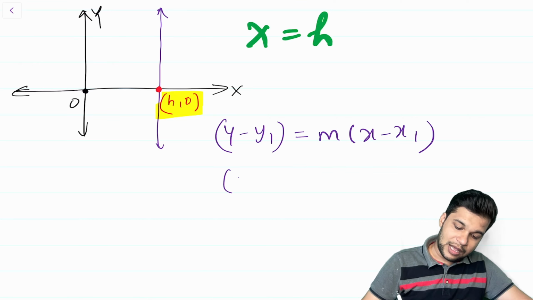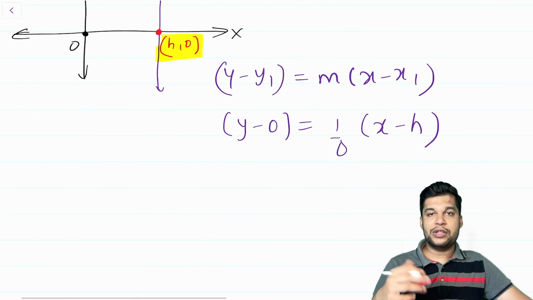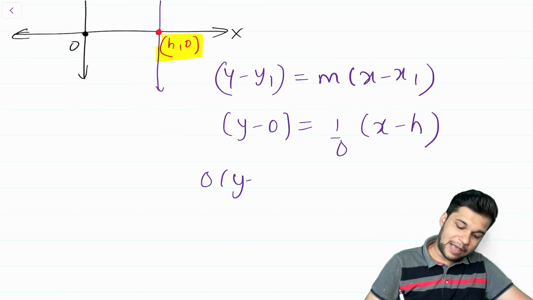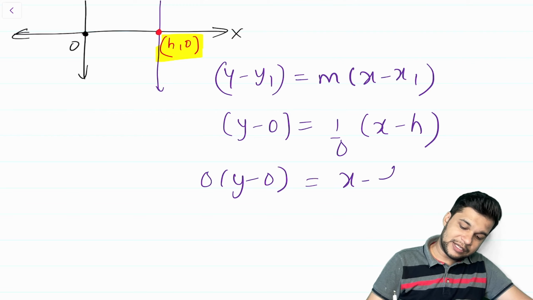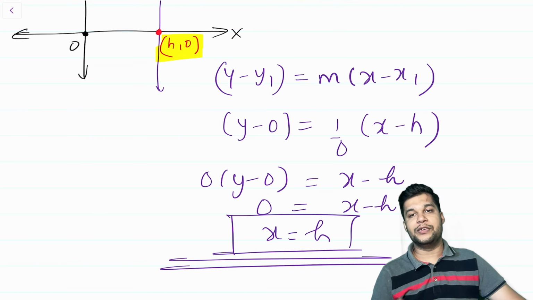So it becomes y minus 0 equal to 1 by 0 times x minus h. Shift the 0 to the other side, so it becomes 0 times y minus 0 equal to x minus h. So 0 equal to x minus h, so x equal to h. That's your equation for the vertical line.